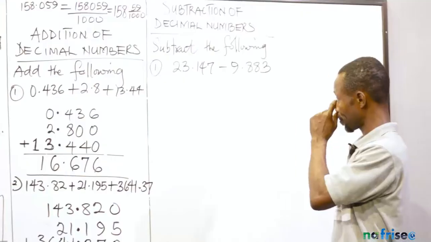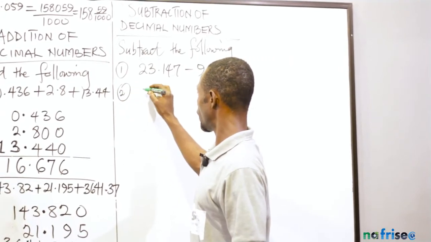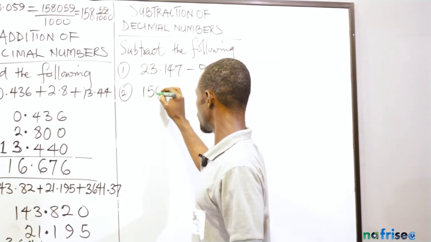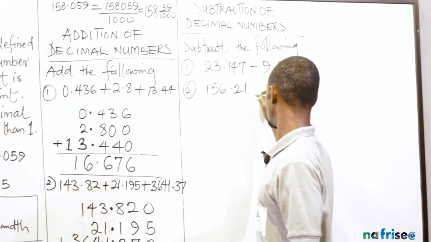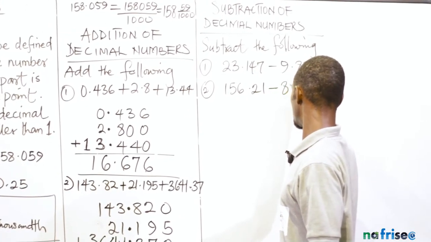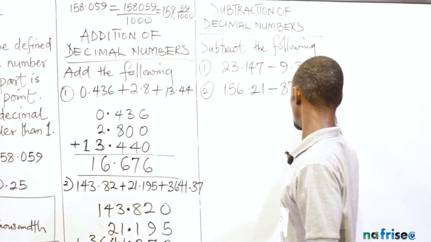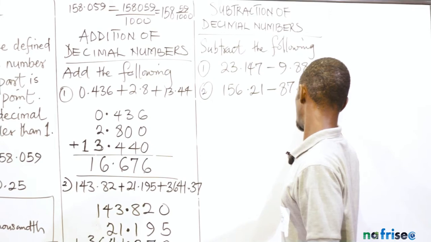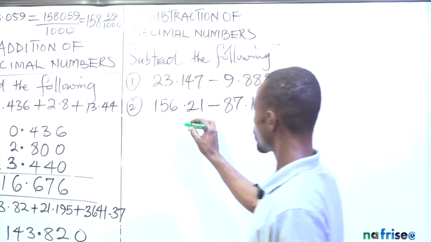And number 2, let's say we have 156.21 minus 87.187. Okay, let's work with these two. Solution to number 1.